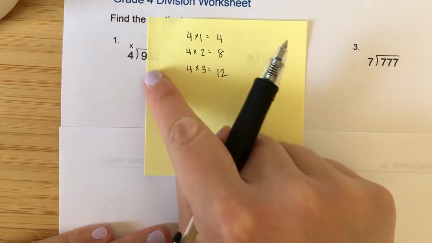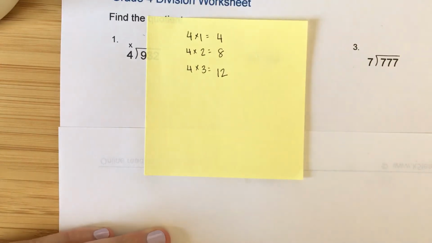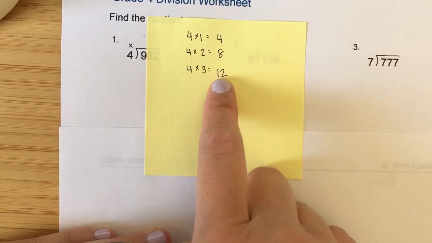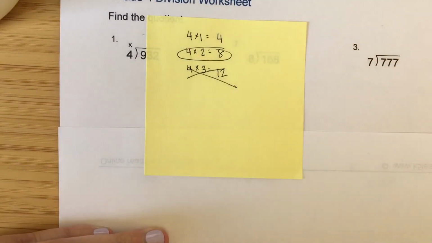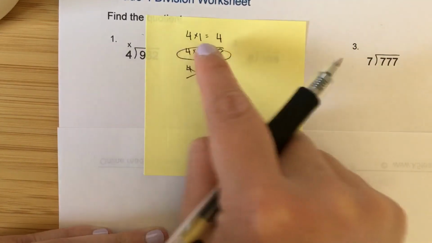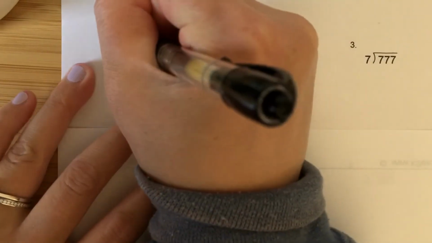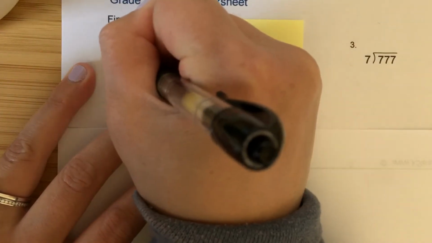We want to get closest to 9, but not bigger than 9. So remember when we were in school, we said, once it gets too big, we cross it out and we circle the one that is just right. It's closest to 9, but not bigger than 9 like this one. So we know that 4 times 2 gives me 8.